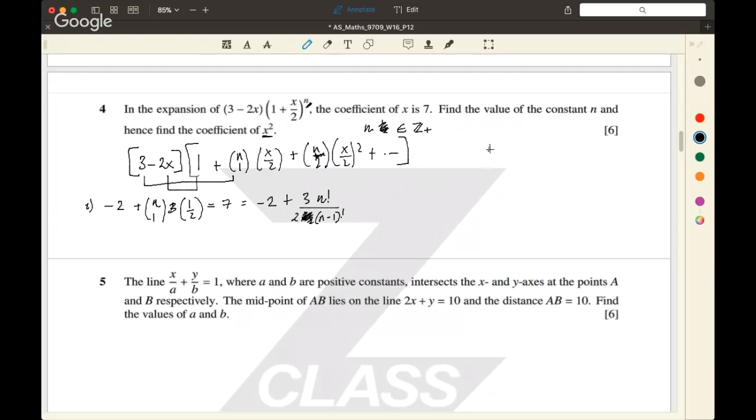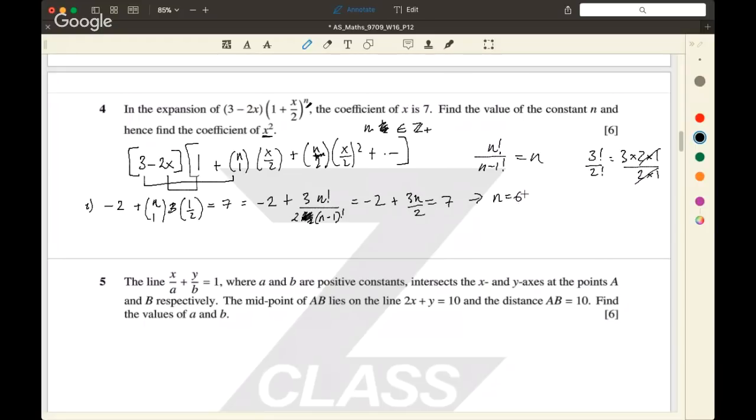Now you can see that if you have n factorial over n minus 1 factorial, all you're left with is n, because you're multiplying everything below n together, and here you're multiplying everything below the one before n. So when you divide by that, you're going to get n. Convince yourself it's true: 3 factorial over 2 factorial is equal to 3 times 2 times 1 over 2 times 1, and you're just left with a 3. So everything else cancels. So this is equal to minus 2 plus 3n over 2. And this will give you that n is equal to 6.